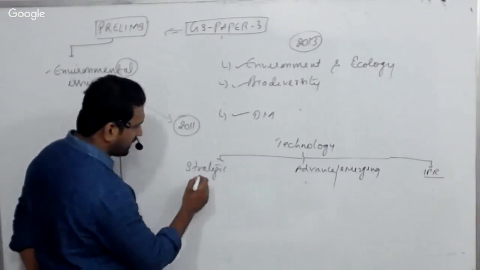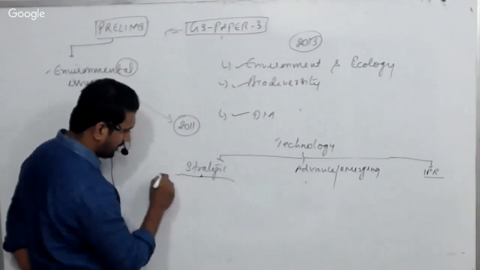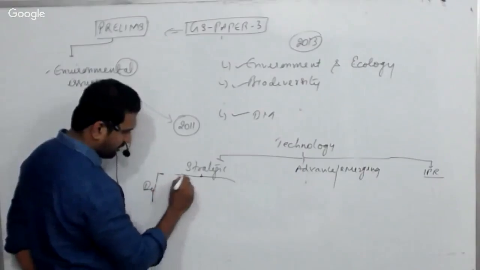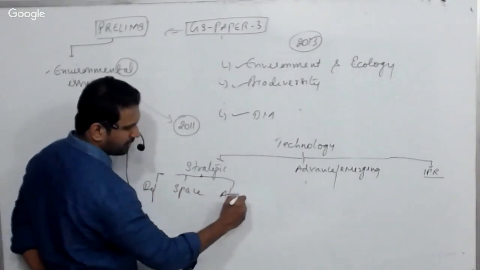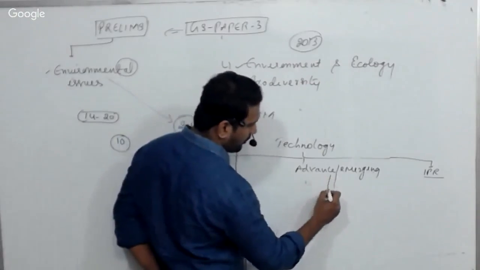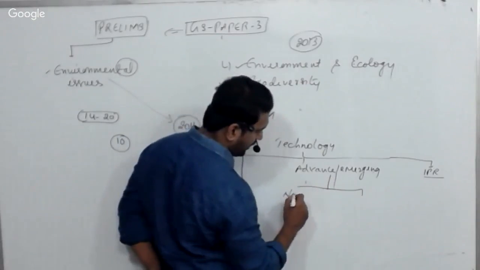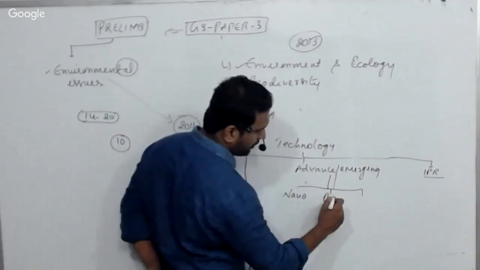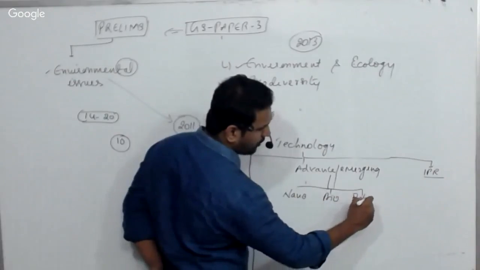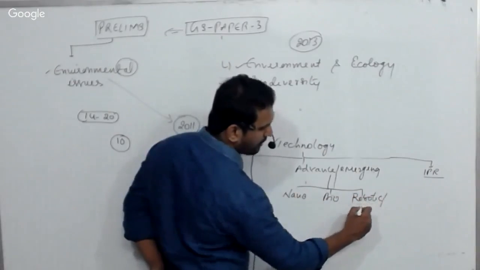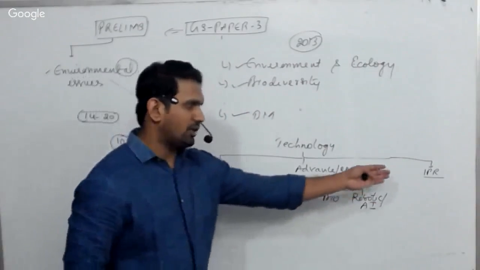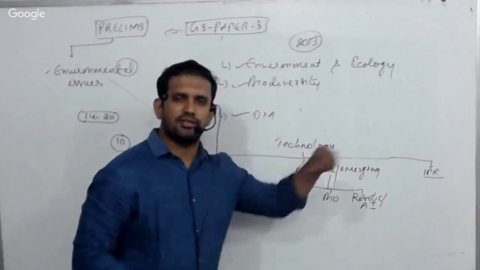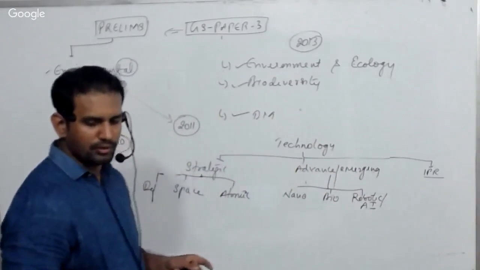In strategic we have defense, space, and atomic energy. In advanced we have nanotechnology, biotechnology, and robotics, or you can also call this branch artificial intelligence. IPR is very common, intellectual property rights, that is descriptive, altogether a different one.